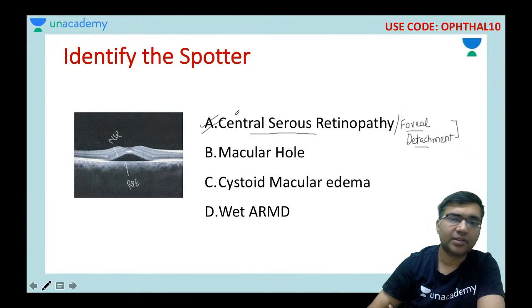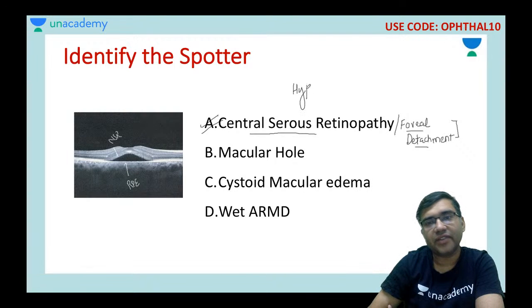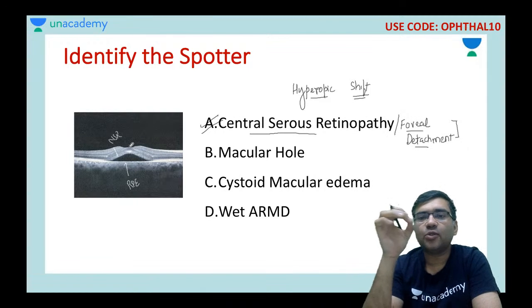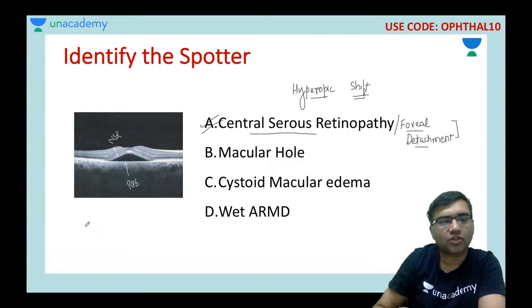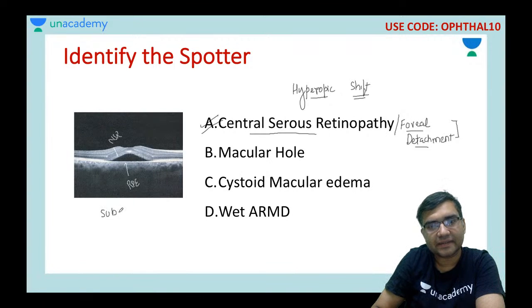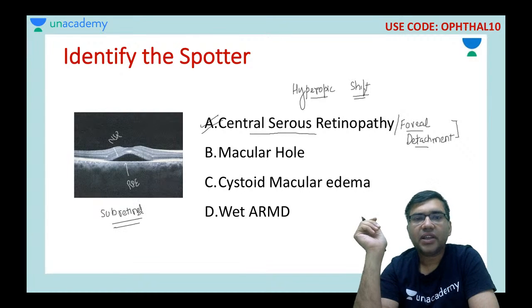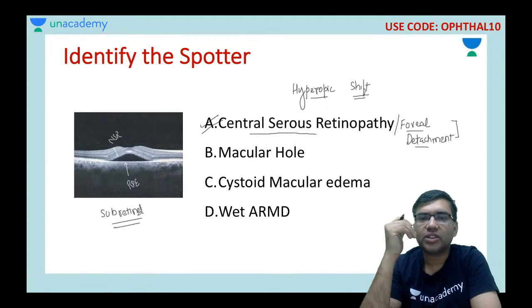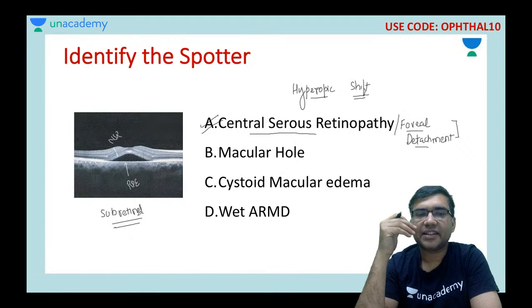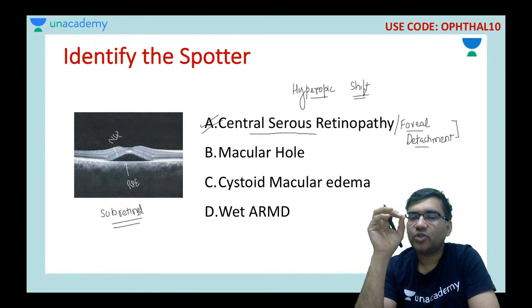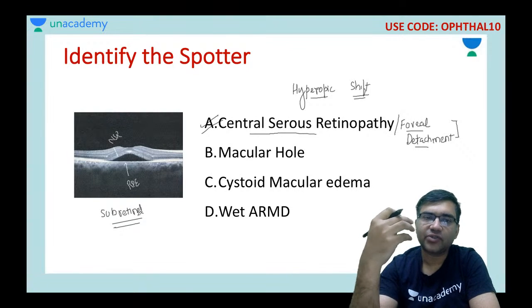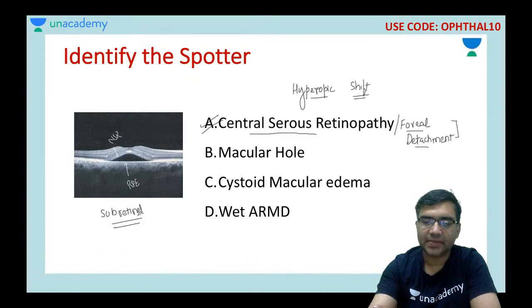Very important point: whenever you are getting a central serous retinopathy, you would get a hyperopic shift of the patient also. This space where the fluid is accumulating is called the subretinal space. So these are a few important points on how to distinguish central serous retinopathy from the other disorders: you would have accumulation of serous fluid at the level of the subretinal space.